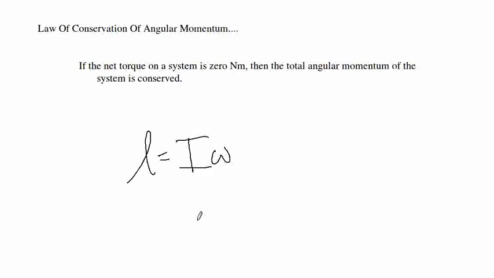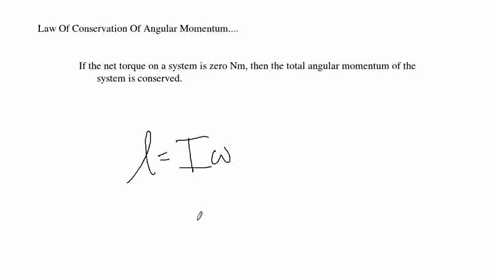So as an ice skater or a dancer brings his or her arms in, can you see that that will decrease the moment of inertia? Okay, why is that? Because we're decreasing the distance of some of the mass from the axis of rotation. Okay, so the long and short of it is that the I variable value is going to get smaller.